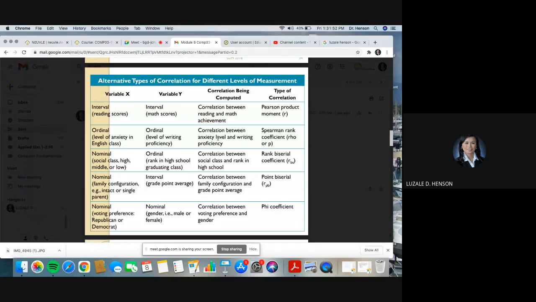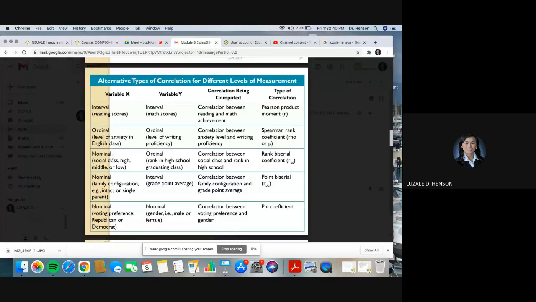Correlation between anxiety level, so as you can see, it is a level, and writing proficiency. So you categorize the anxiety not in scores but in levels, and the writing proficiency not in scores but in categories such as very good. So you have ordinal data. So you cannot use Pearson product moment. You can use the Spearman rank correlation coefficient.